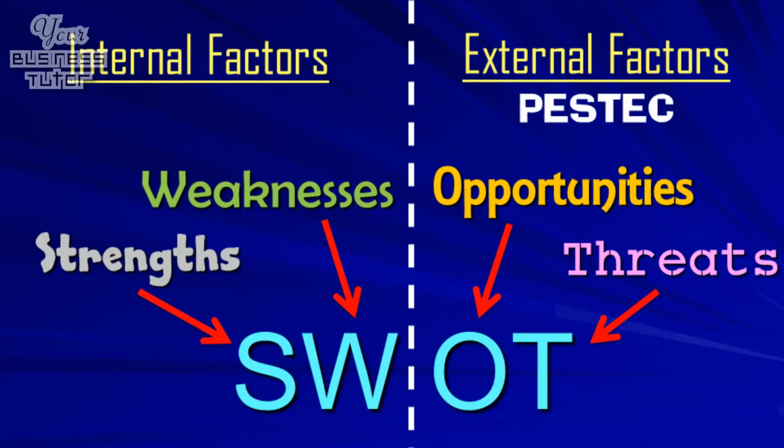Draw this all together and you can see where the basis of a SWOT analysis comes from. Strengths and weaknesses come from internal factors, and opportunities and threats come from external factors, which are identified by undertaking a PEST-EC analysis.